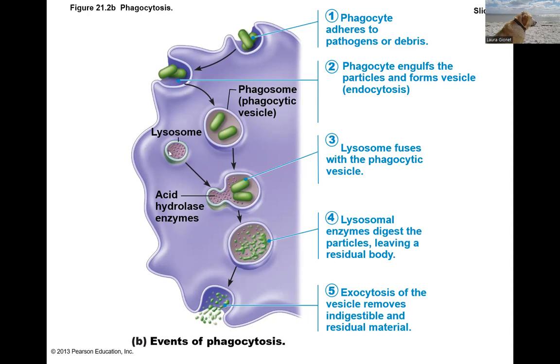The lysosomes that are available in the cell are going to merge with that phagosome, and you see how you kind of unzip those phospholipid bilayers that are creating the vesicular wall here, and you're able to eject the digestive granules contained in that lysosome, and it interacts with that particular bacteria.